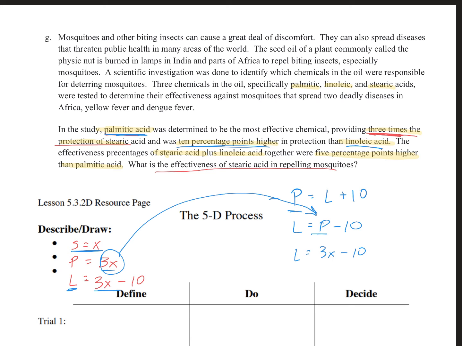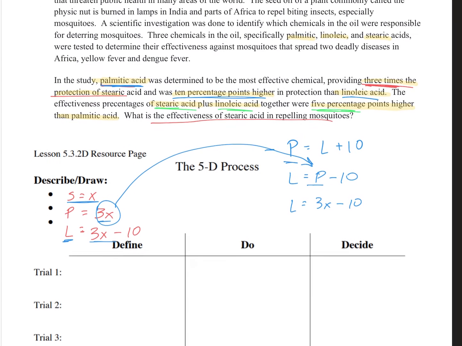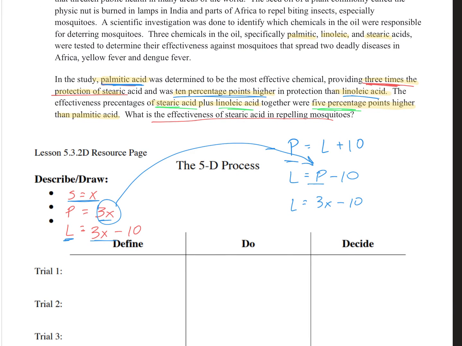We are given that stearic acid plus linoleic acid is 5 percentage points higher than palmitic acid. So if we have stearic acid plus linoleic acid, that should be equal to palmitic acid plus 5.